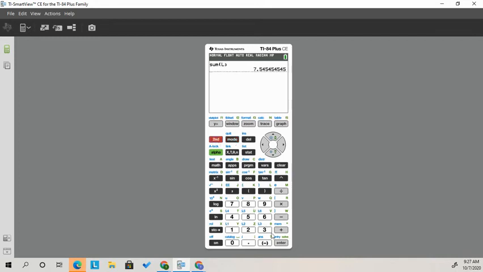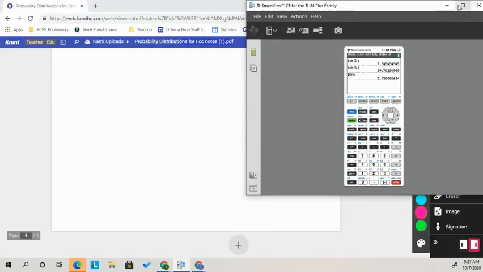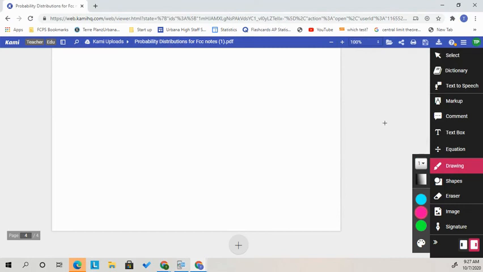Call back my last entry because I need to re-sum list 3 again. And there's our variance. And then remember the answer for the standard deviation. We can call back this last one by hitting second, answer. And then we have all 3 answers there. I kind of messed that up a little bit.